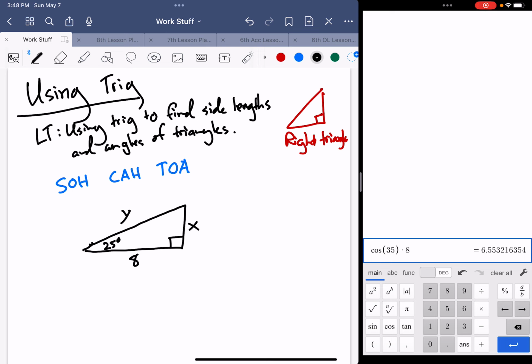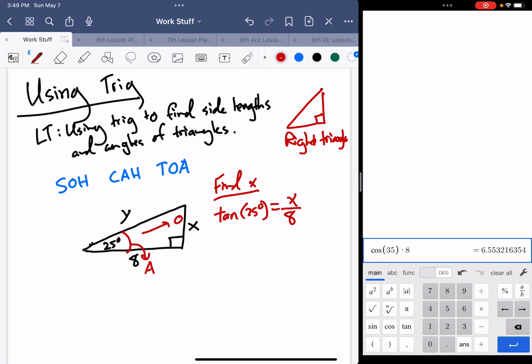For this one, I take a look at what I have. If I want to find x, I have an angle, the opposite side, and an adjacent side. Using opposite and adjacent means I'm going to need tangent. So tangent of that angle, 25 degrees, has to equal x over 8.